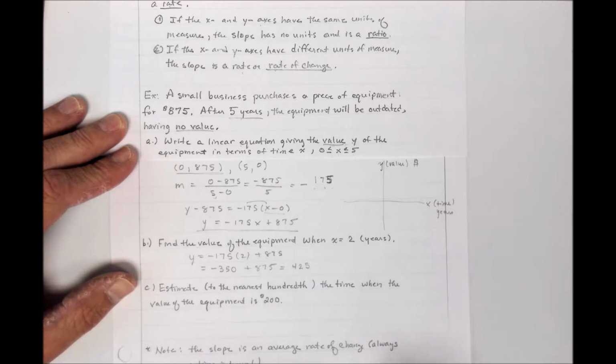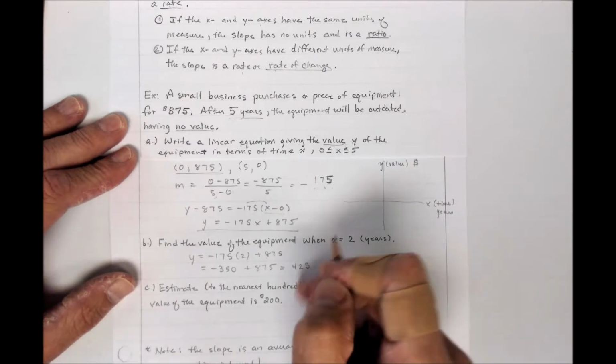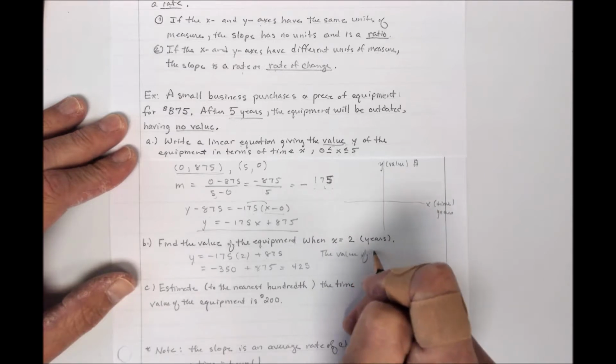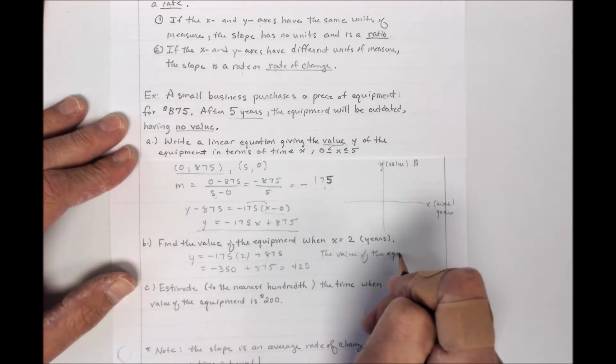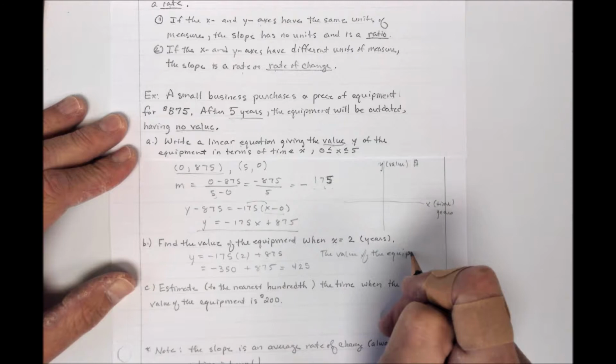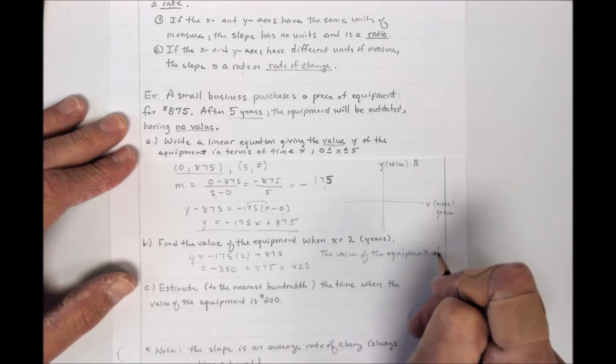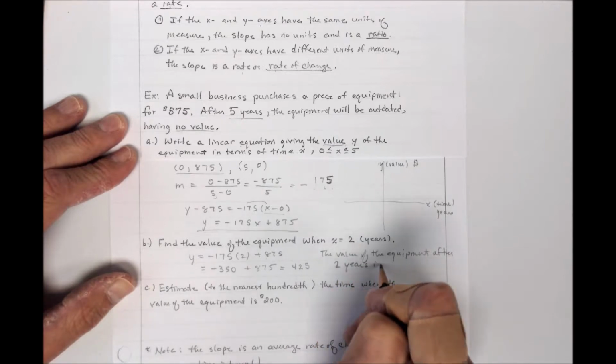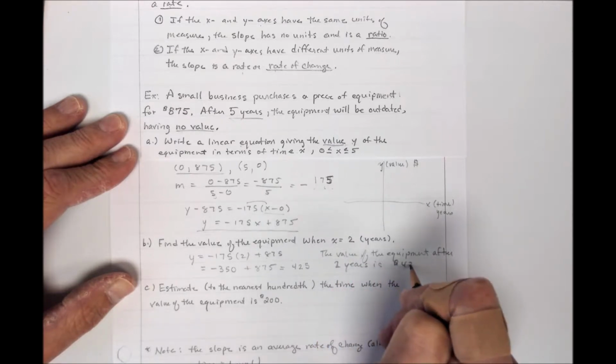So this would be 425. Now it's a story problem, so I'd like to write my answers out using proper units and also in a short sentence. So I would say the value of the equipment after 2 years is $425.